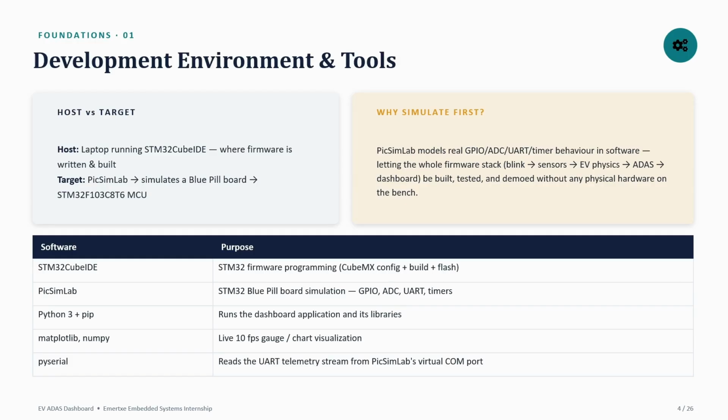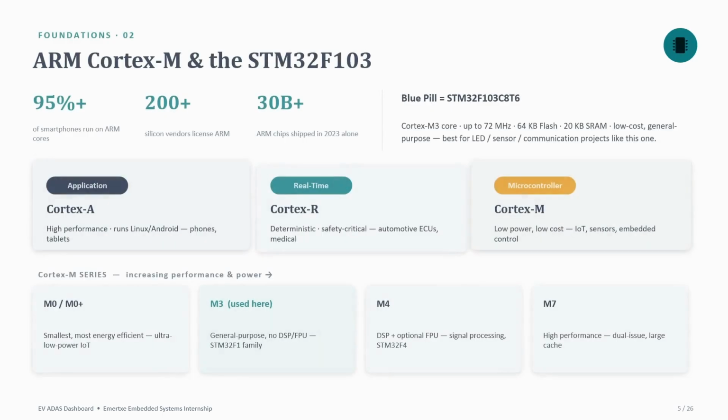Coming to the next step, we will understand the ARM Cortex-M architecture behind the STM32F103. Before going into further detailed specifications, I want to give a sense of scale, and why ARM architecture matters.